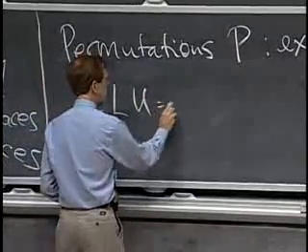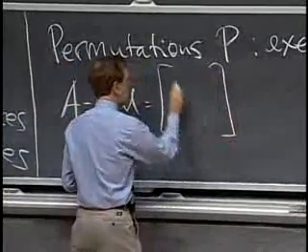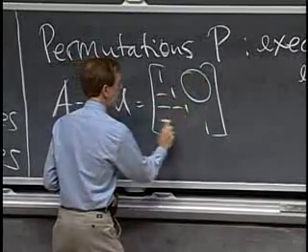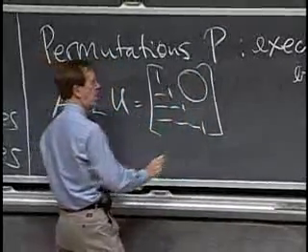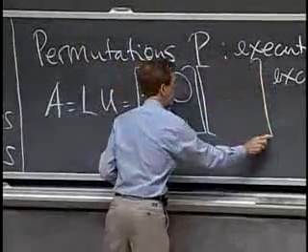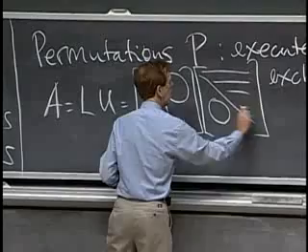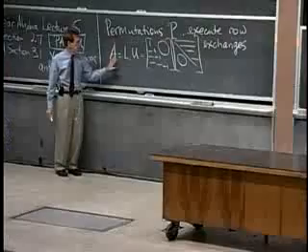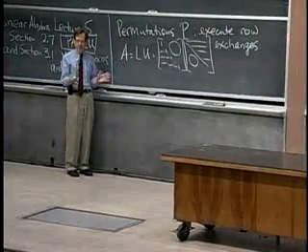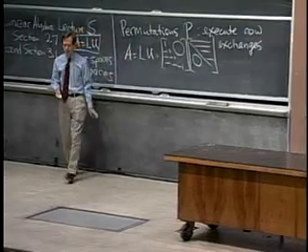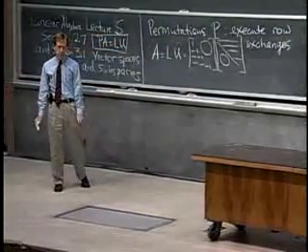This was a matrix L with 1s on the diagonal and 0s above and multipliers below, and this U we know, with 0s down here. That description of elimination assumes that we don't have a P, that we don't have any row exchanges.